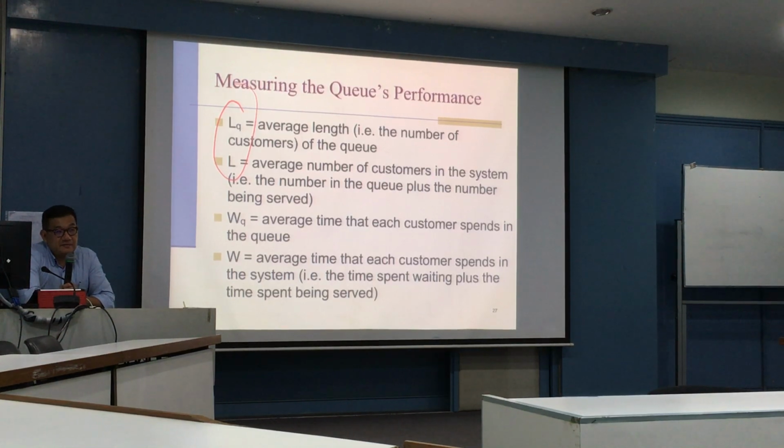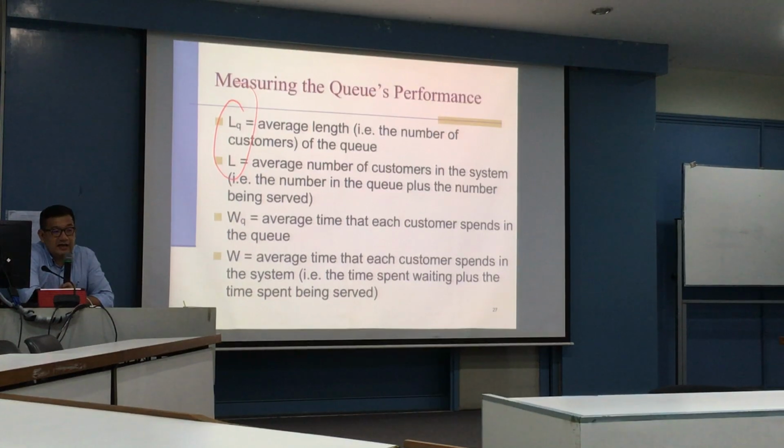Since it's an average, it doesn't need to be an integer. LQ can be like 7.6 customers on average waiting in line, and that's fine.